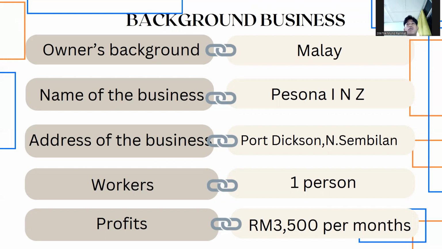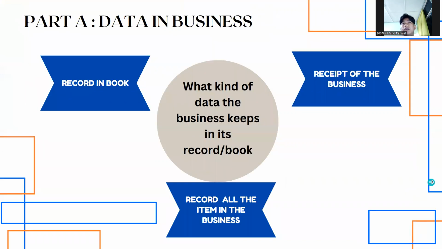The worker is only one person, and the profit for a month is 3,500.